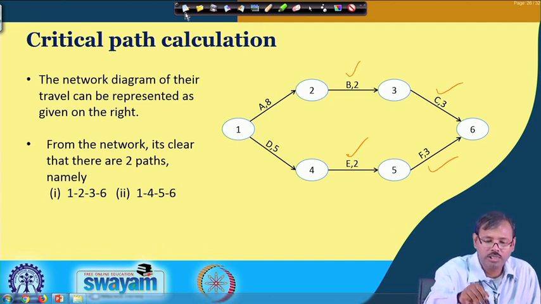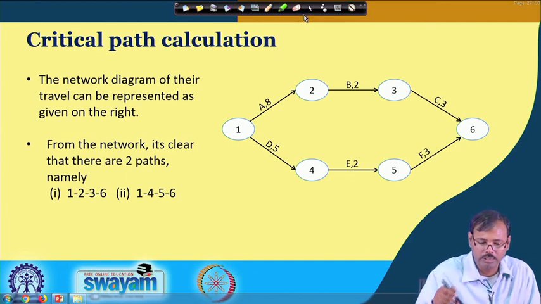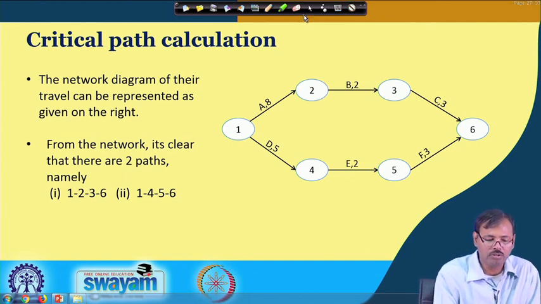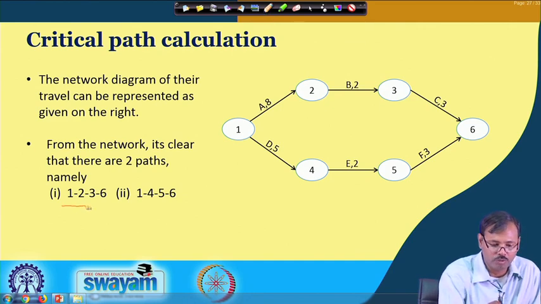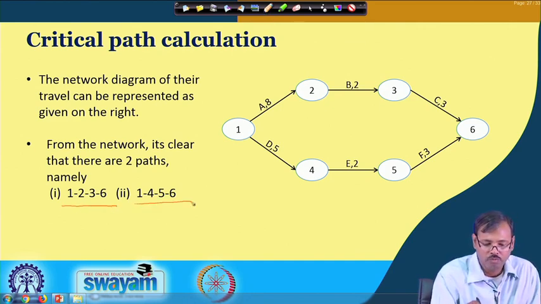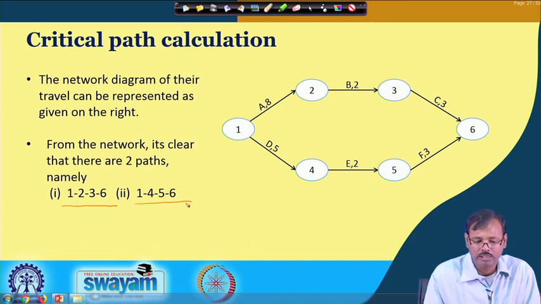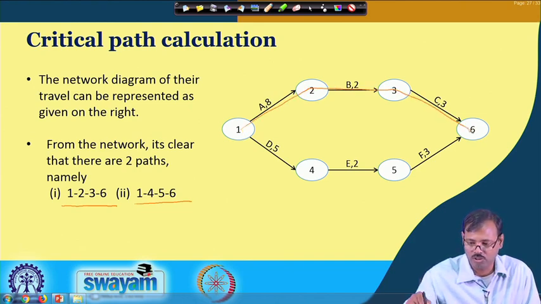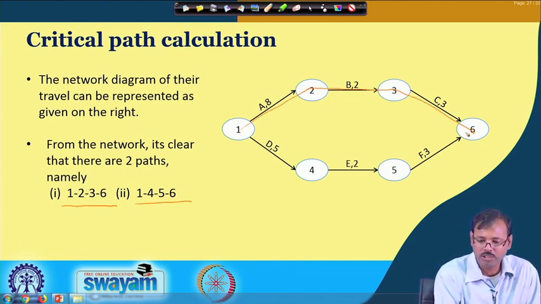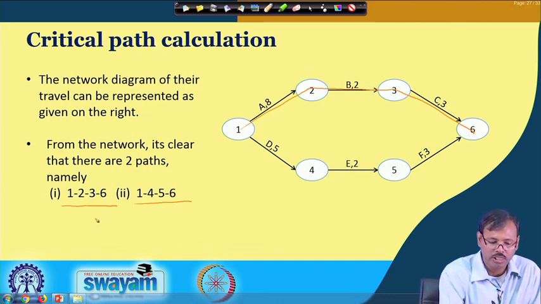The same is depicted in this network, and you can find the two available paths: 1, 2, 3, 6 and 1, 4, 5, 6. The duration of 1, 2, 3, 6, that is node 1 to node 2 to node 3 to node 6, is path 1, which takes a duration of 8 plus 2 is 10, 10 plus 3 is 13 hours.